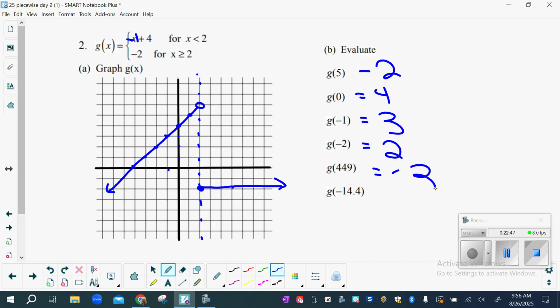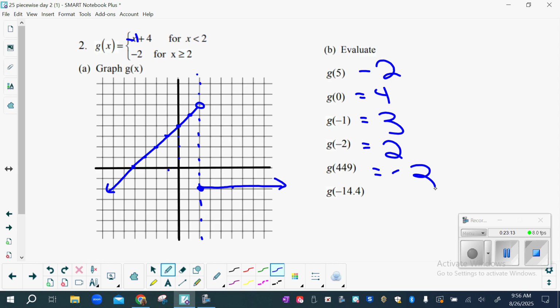Does that make sense? On this one, I'm not using that piece, I'm using this one. That's the trick: if it's anything smaller than 2, I'm plugging it into this one. If it's anything bigger than 2, I'm using that one. Does that make sense? Okay, we've got one last one.